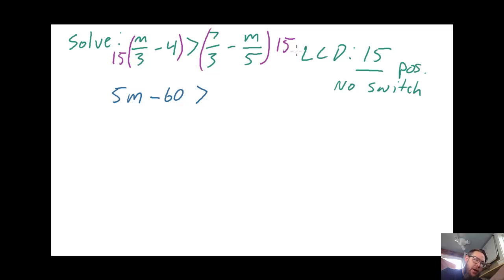And over here we will have 35 minus 3m. So we've gotten rid of our fractions by using a lowest common denominator.